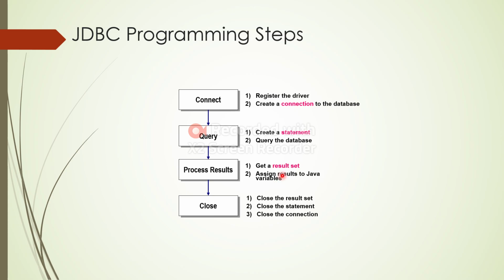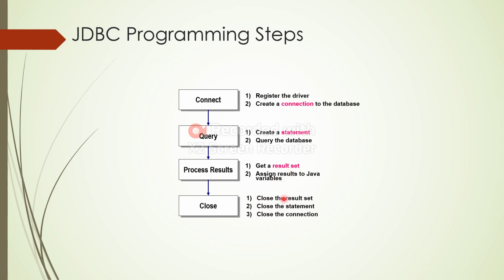Individually you have to reach and get each value, because whatever you are retrieving is not directly converted into Java. You have to convert it into a Java object. Are you getting my point? In your program, you have to write the code to convert the data into a Java object. After that, you can use it.